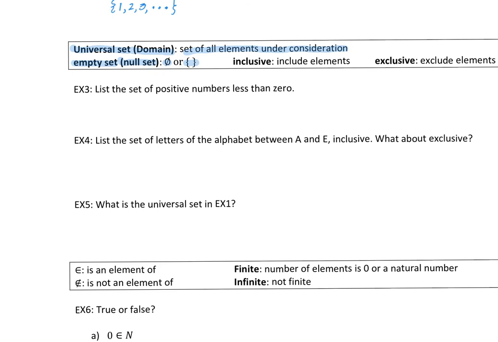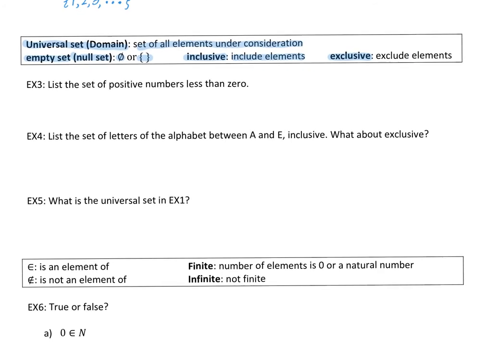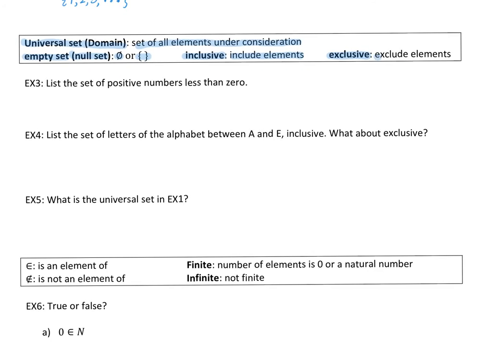So just be careful that you don't write the 0 with a slash through it when you actually mean the number 0. Now there's 2 words in mathematics. We use inclusive and exclusive. So inclusive just means it includes the elements. Exclusive means it excludes elements, or they don't belong.